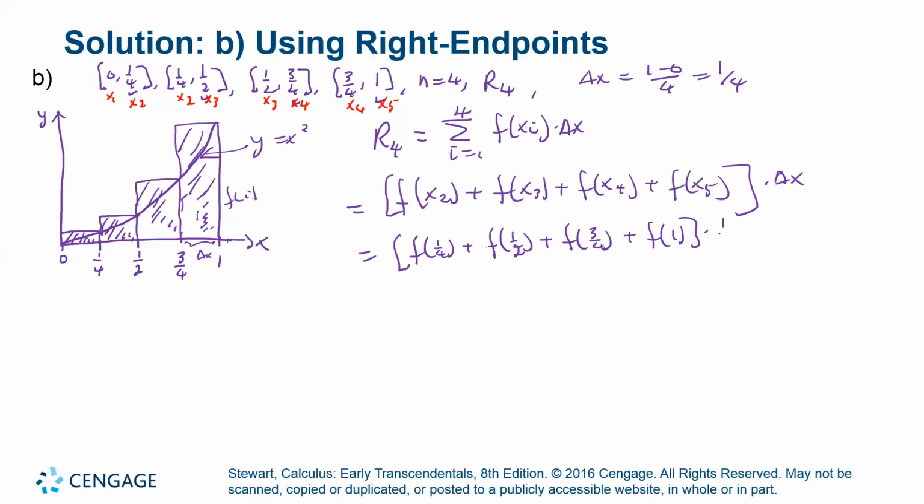And then we multiply this by 1/4, because that's the delta x we calculated there. f of x is x squared, so this is 1/4 all squared plus 1/2 all squared plus 3/4 all squared plus 1 squared, and then we multiply this by 1/4.